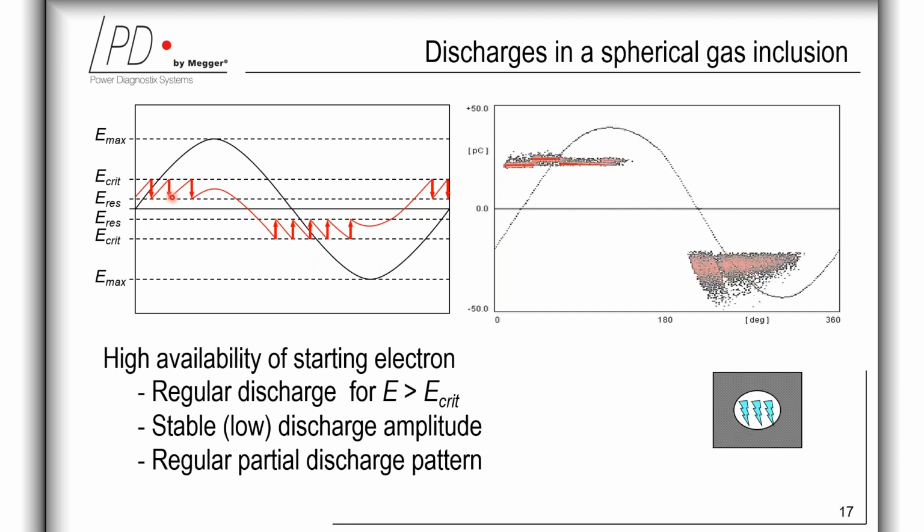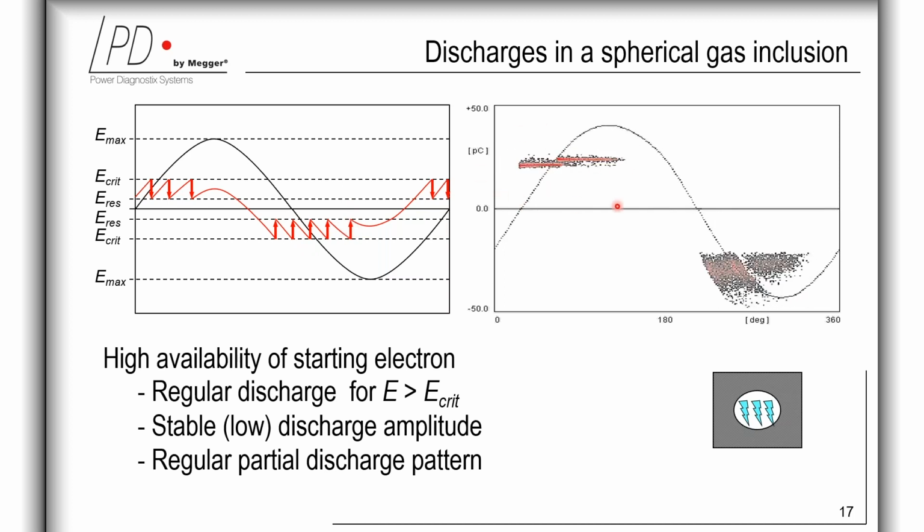When the critical electric field is reached, there would always be an electron available. And in this case, the internal field breaks down to the residual electric field, as you can see from the graph, and then the internal field would again increase up to the critical electric field. And this causes a consecutive row of pulses of even amplitude.